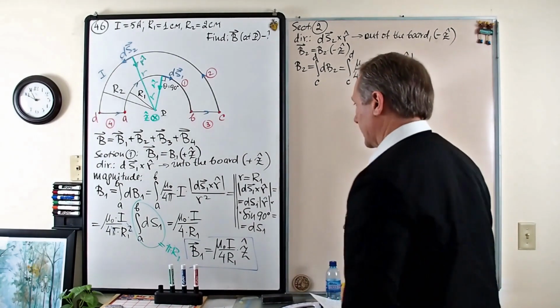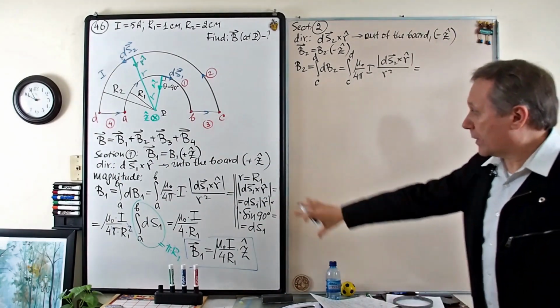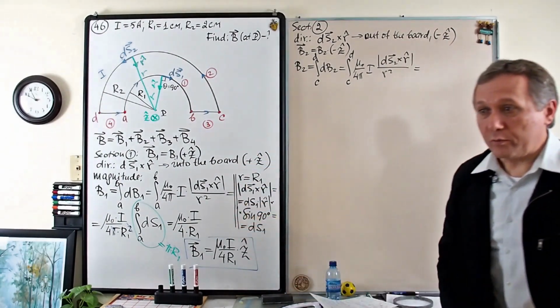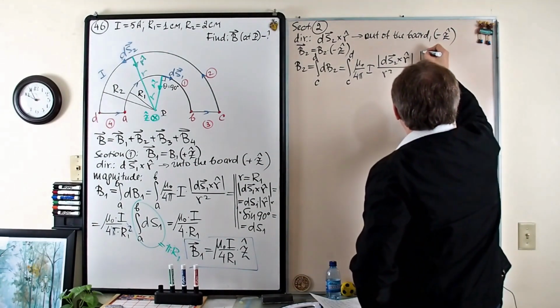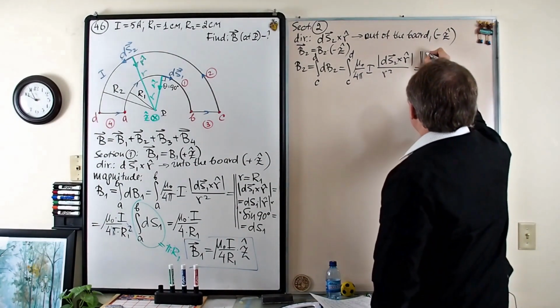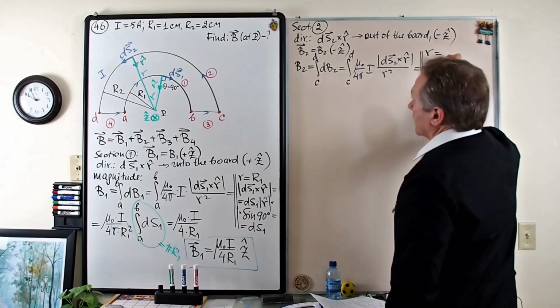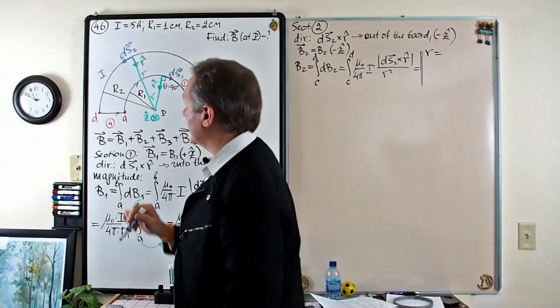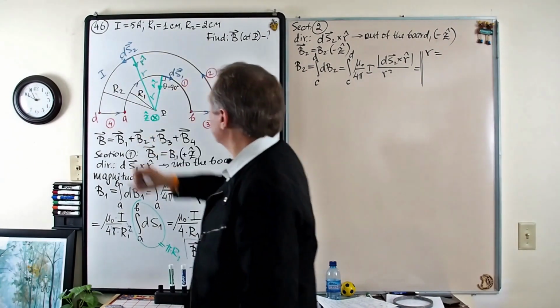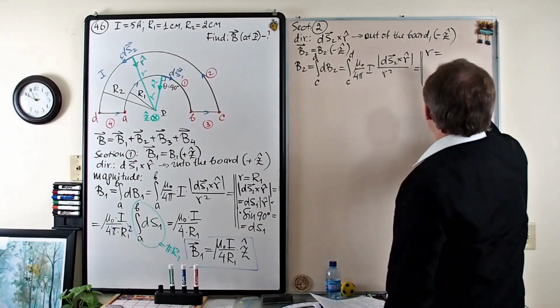Okay, now I have more space for my explanation box, but the explanation box will be very, very similar. Okay, so let me open my explanation box, and again I will start with r. So this distance from ds to the point P is r2. It's obvious from the picture, right?